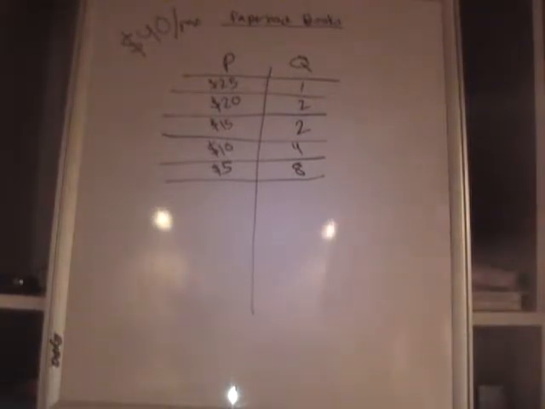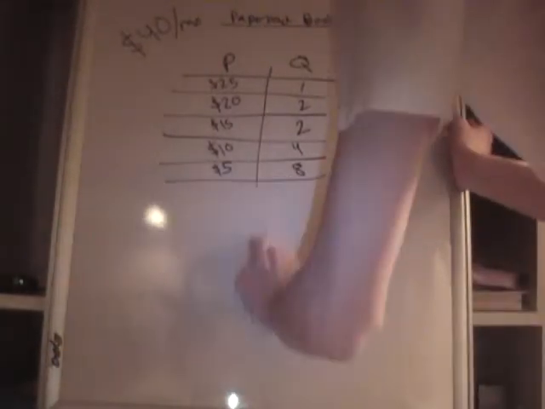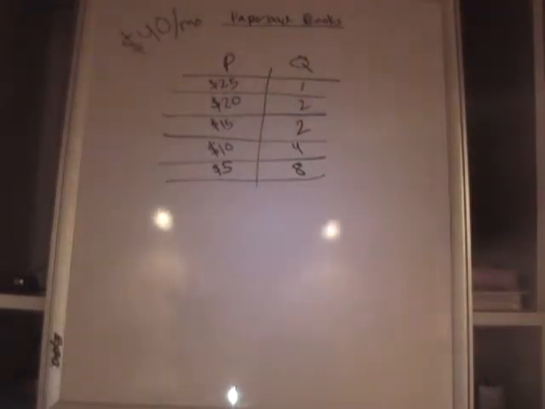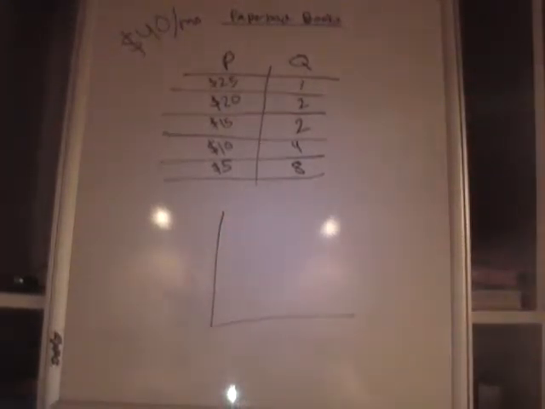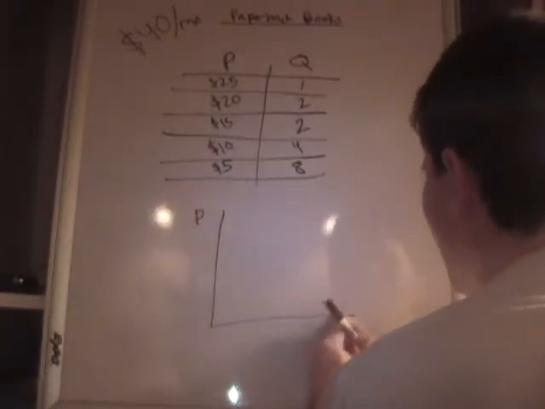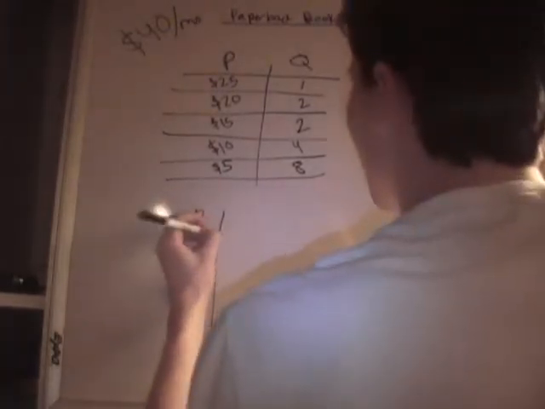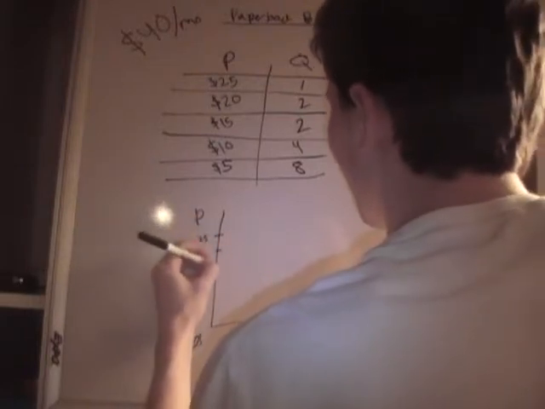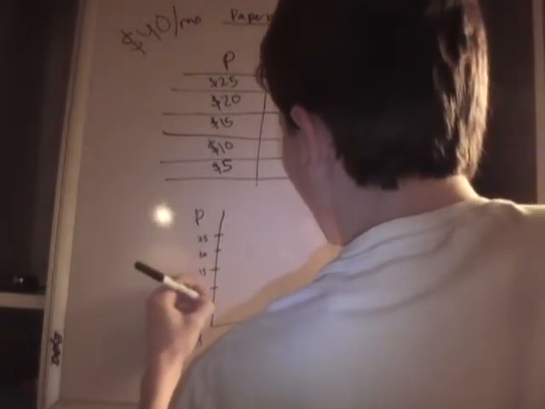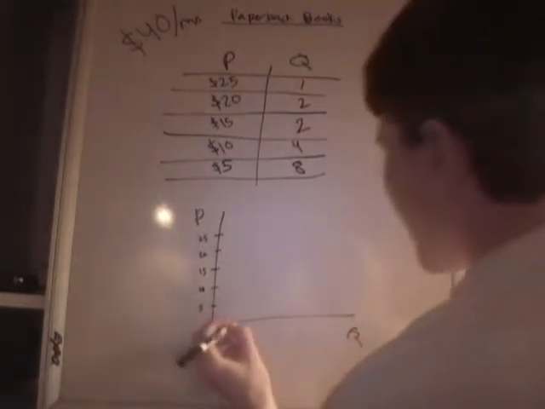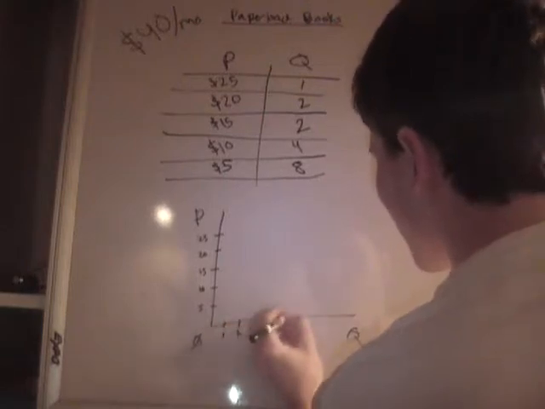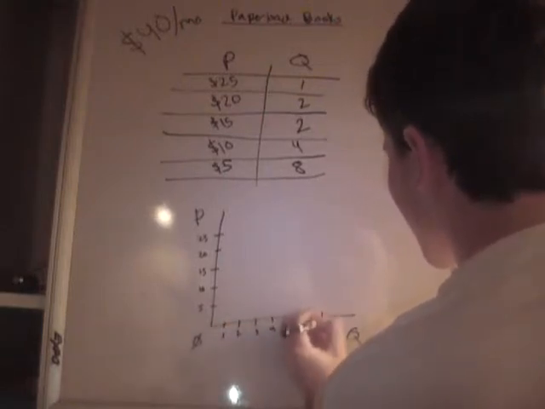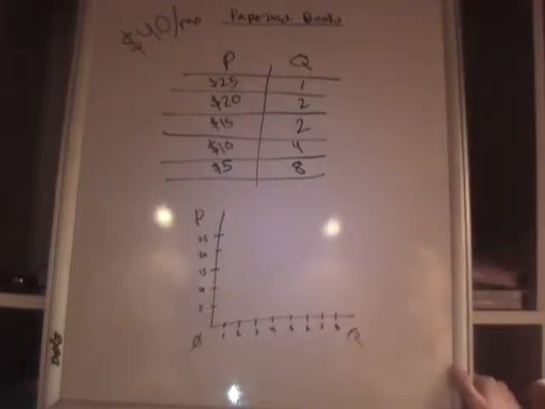Now, looking at the data we have so far, you can see that if this is your demand curve graph with price and quantity, at price 25, 20, 15, 10, and 5, and quantity 1, 2, 3, 4, 5, 6, 7, and 8.